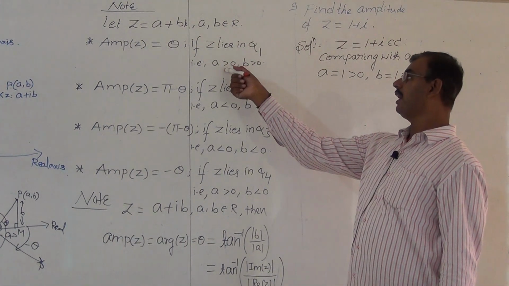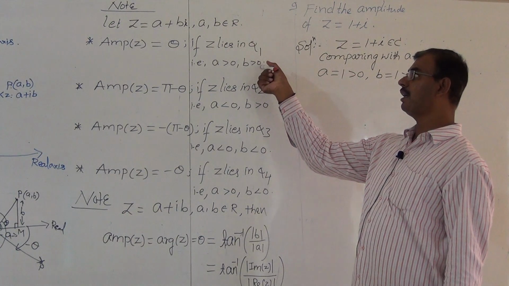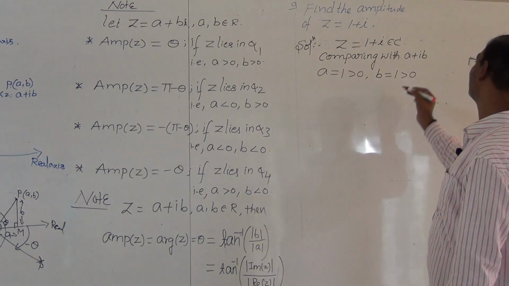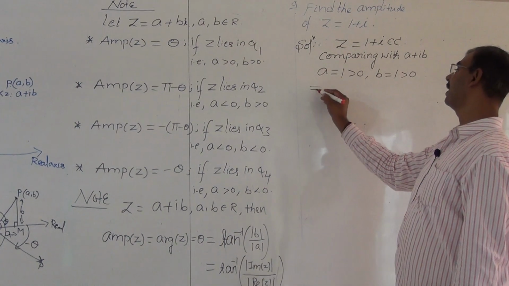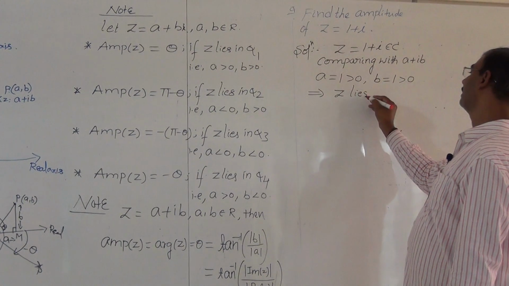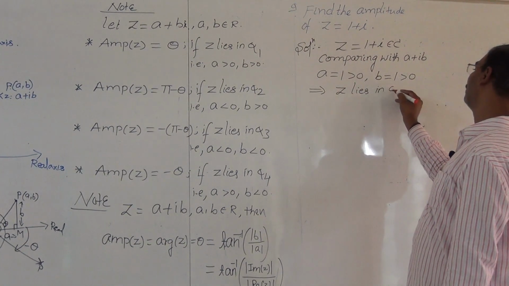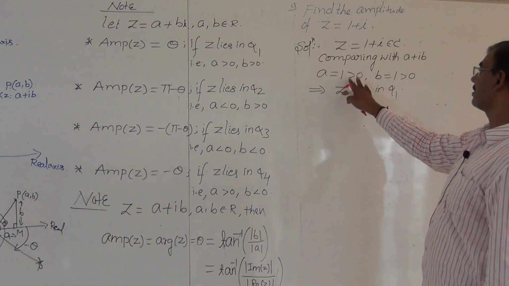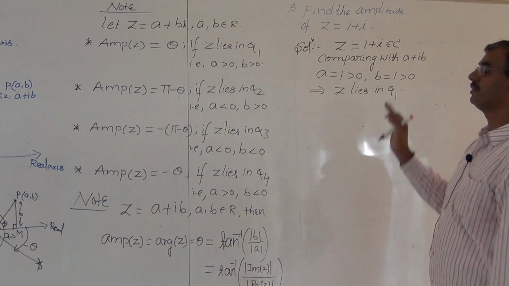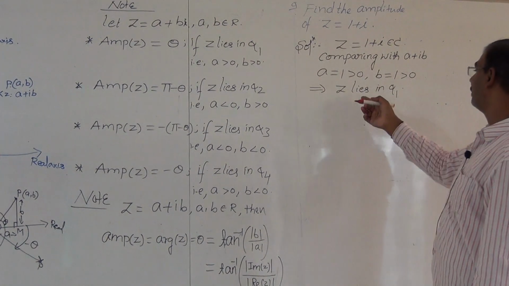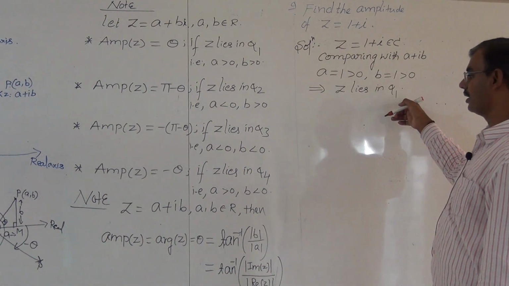Observing, if A is greater than 0 and B is greater than 0, then z lies in which quadrant? First quadrant. So from this, clearly we have to say z lies in the first quadrant Q1. It means cos is positive, sin is positive here. All are positive in the first quadrant. So z lies in the first quadrant.